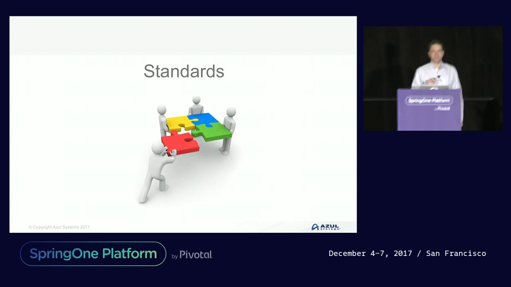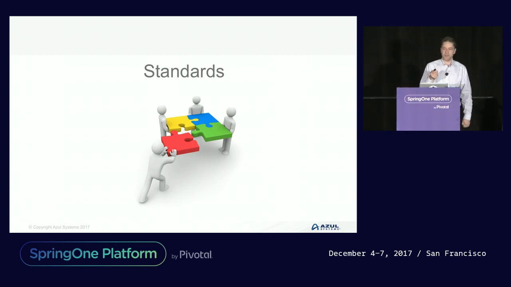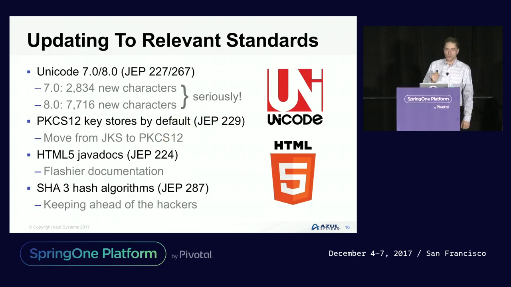Standards. Lots of standards get used in Java, so many of these need to be updated. Unicode is one of the ones used by Java, and it turns out there are 2 updates to Unicode since JDK 8 was launched. There's Unicode 7 that introduces 2,834 new characters, and Unicode 8 that introduces 7,716 new characters.